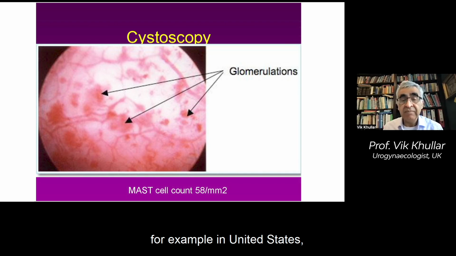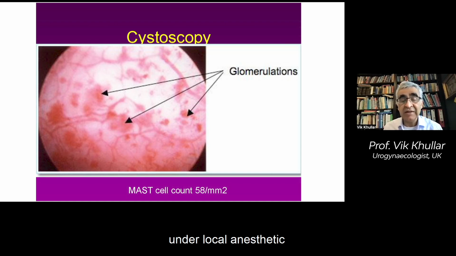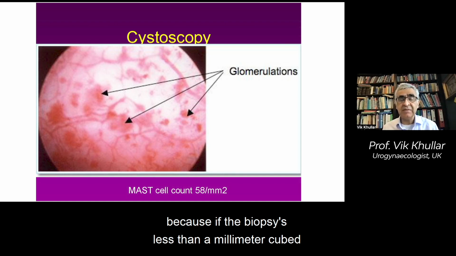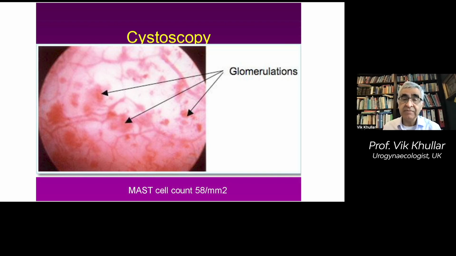particularly, for example, in United States, biopsies are normally done in the office under local anesthetic using a flexible cystoscopy, and the biopsy sizes are too small to allow an adequate count to be undertaken, because if the biopsy is less than a millimeter cubed, you cannot get a count per square millimeter.